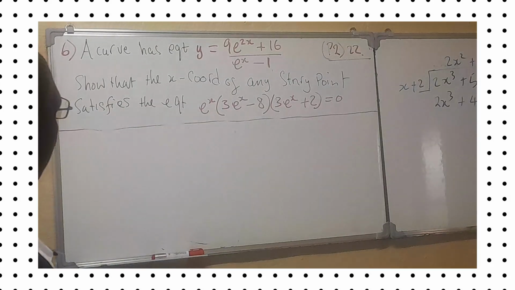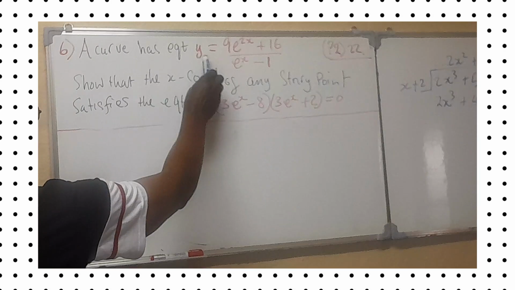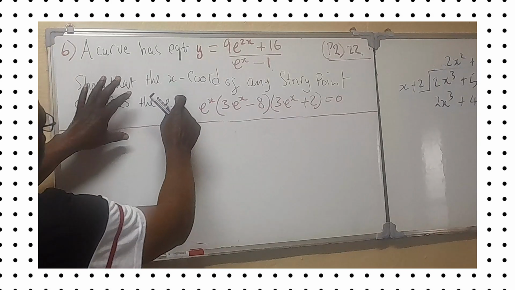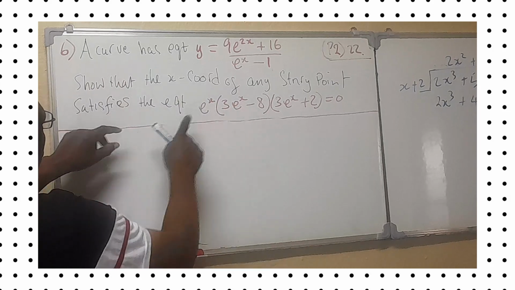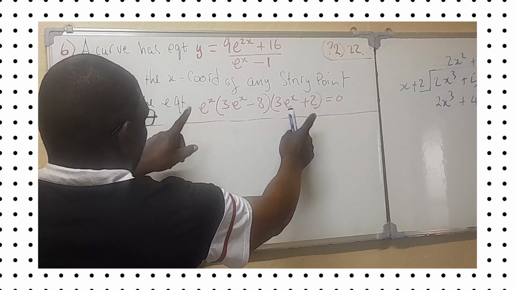Let's repeat the question to make sure we understand what we need to do here. This is the equation of the curve. At any stationary point on the curve, we need to prove that the x coordinate satisfies this equation.